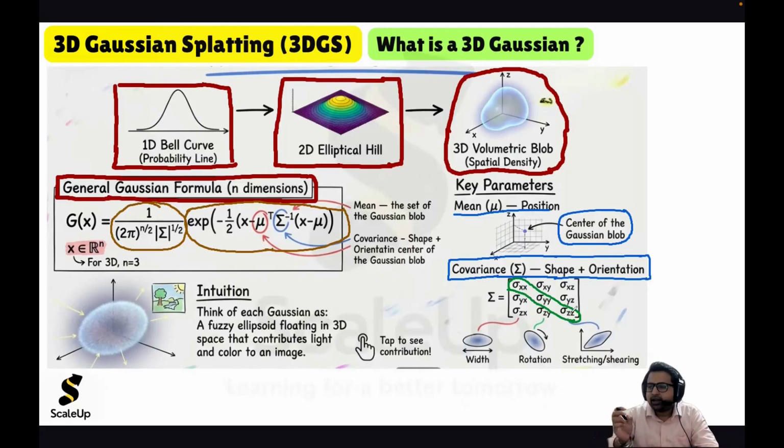So the diagonal represents the variance, so the spread, and hence this diagonal represents the shape. Because if sigma xx is a higher value, it means that the 3D Gaussian is more spread across, relative to the x-axis. Similarly, so that's the idea.